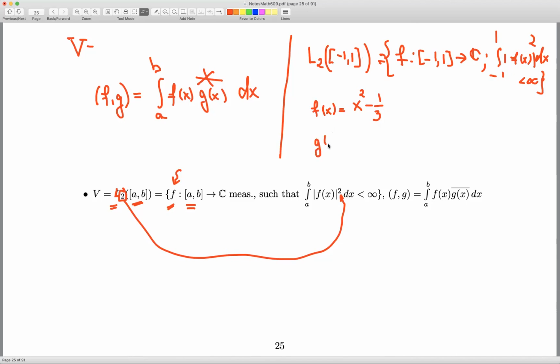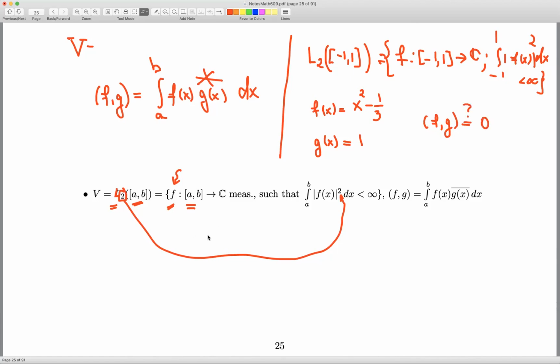And also let's look at the function g of x, the constant function 1. It is also defined on the whole real line. I can look at this restriction on the interval [-1, 1]. And the question is, are those two functions orthogonal to each other?